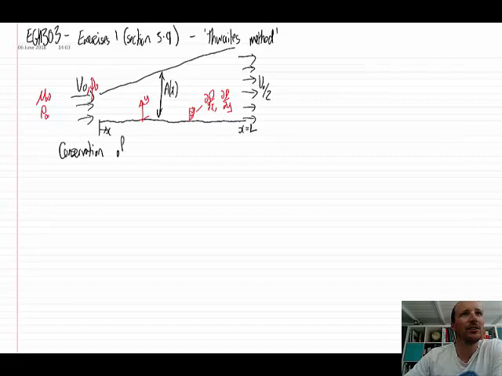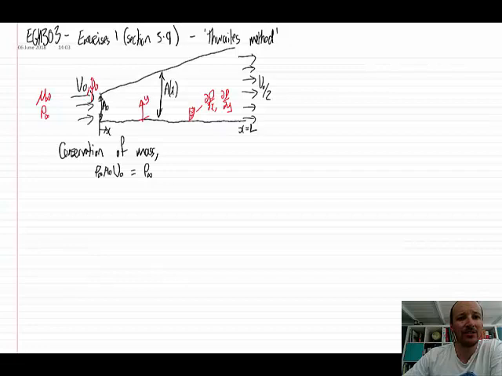Conservation of mass across this diffuser tells us that rho infinity A naught times U naught must be equal to the density at the exit, which is the same, rho infinity, times the area at the exit.